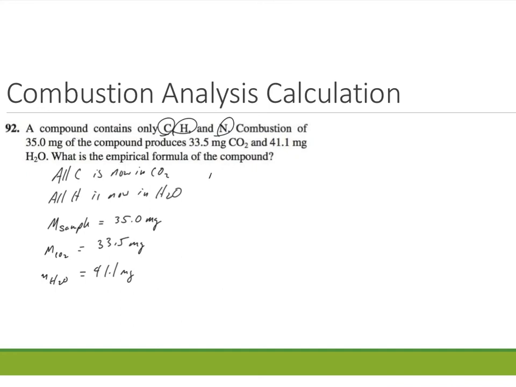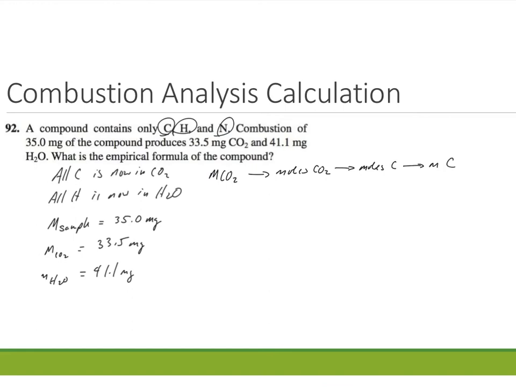You could take the mass of the CO2, turn it into moles of CO2 using molar mass, which then we can turn into moles of carbon, which then we can turn into grams, mass of the carbon. Mass of the carbon, not grams, mass of carbon.